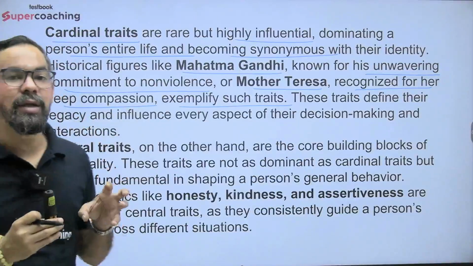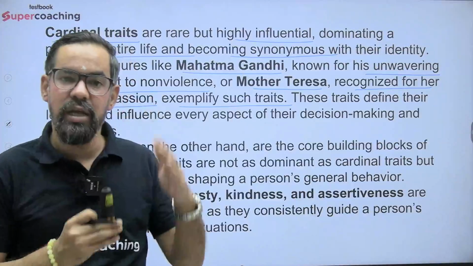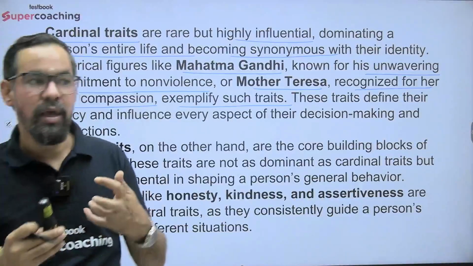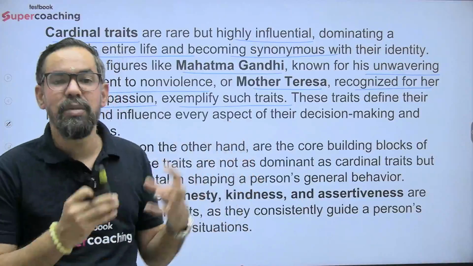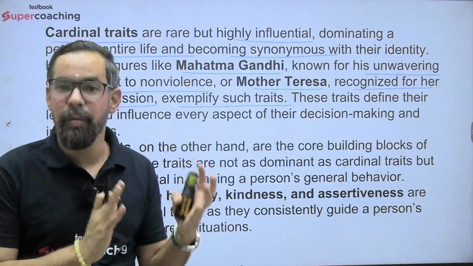So a cardinal trait is one trait, let's say if we describe our friend as Mahatma Gandhi, if we give the example that my friend is like Mahatma Gandhi, that means that person is a believer of non-violence, okay? They have belief in ahimsa, non-violence.